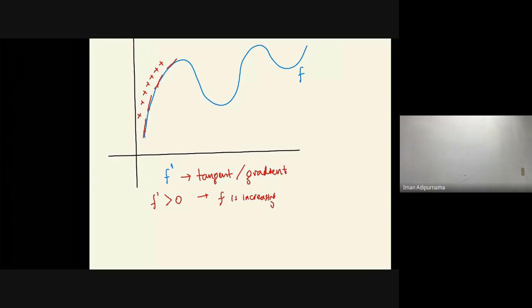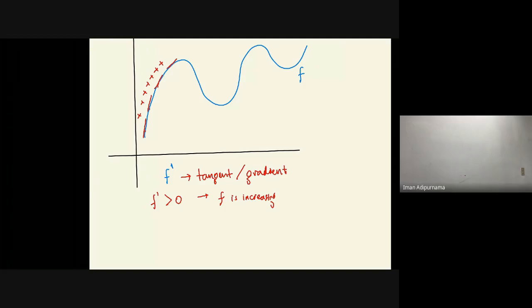And if you try to plug in some number to your f prime, when the f prime is greater than 0, the original function should be increasing. And when your f prime is less than 0, the original f should be decreasing, right? You don't need to really carefully graph all the functions. Maybe the function is too complicated. You just see what's happening with the f prime.